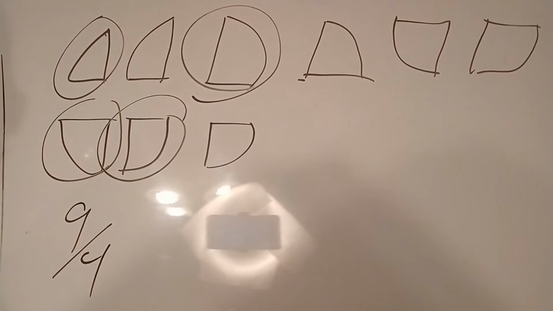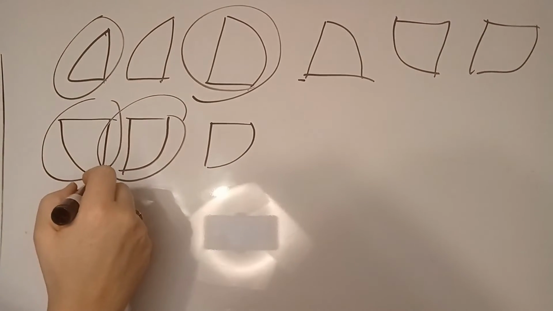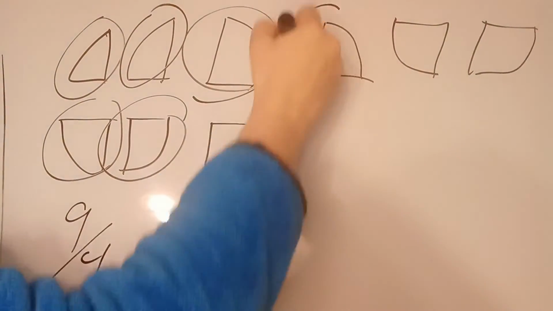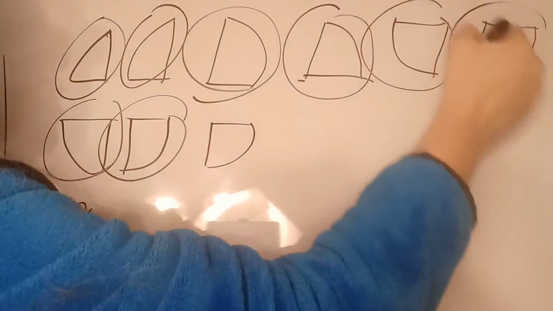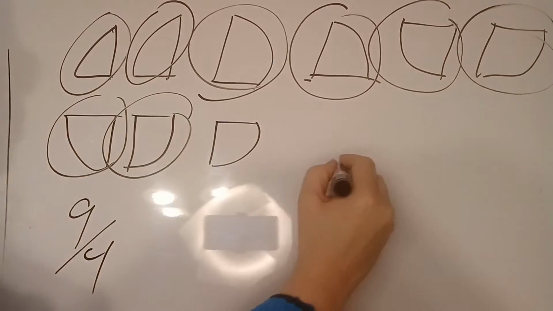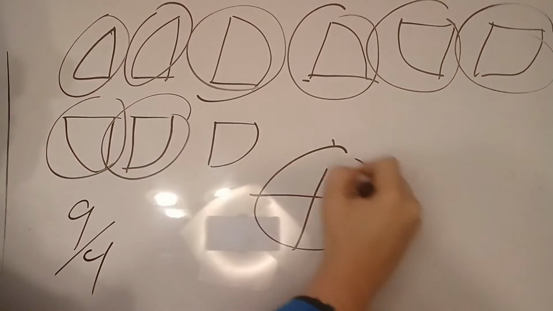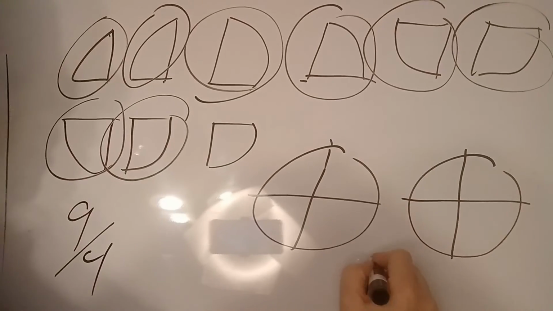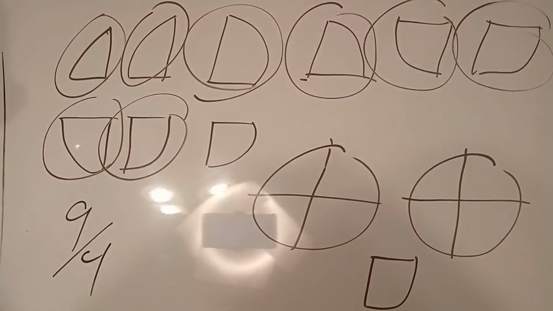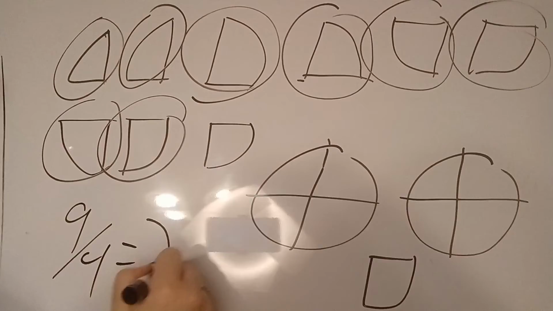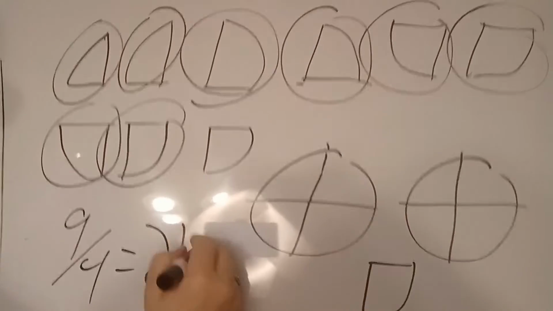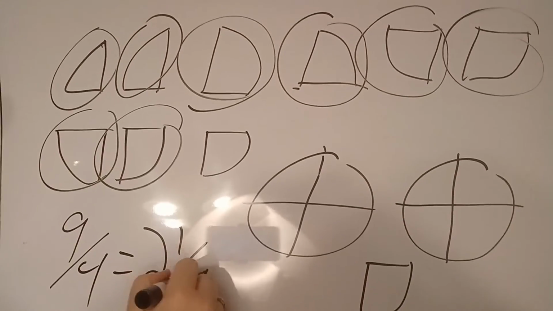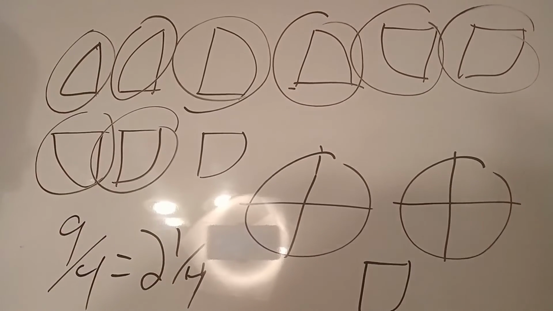That's 1. Now we're going to take this one, and this one, and this one, and this one. That's 2. So the first 4 go here, the second 4 go here, and then we have this one last one left over. So that is 2 wholes and 1/4.